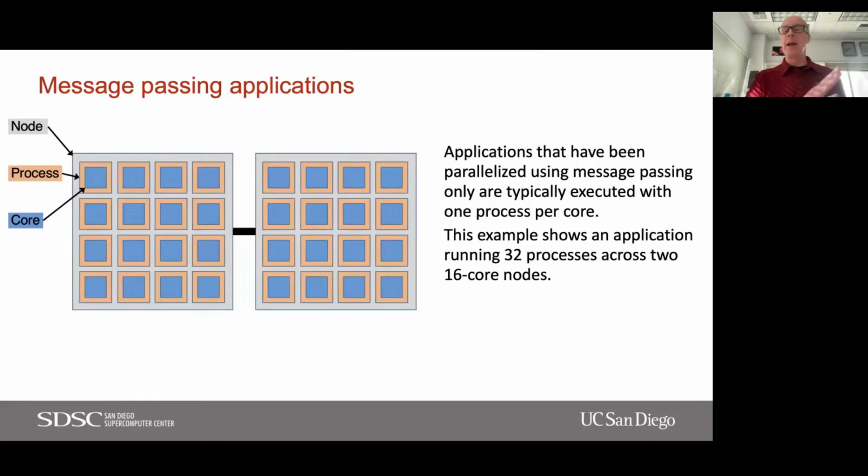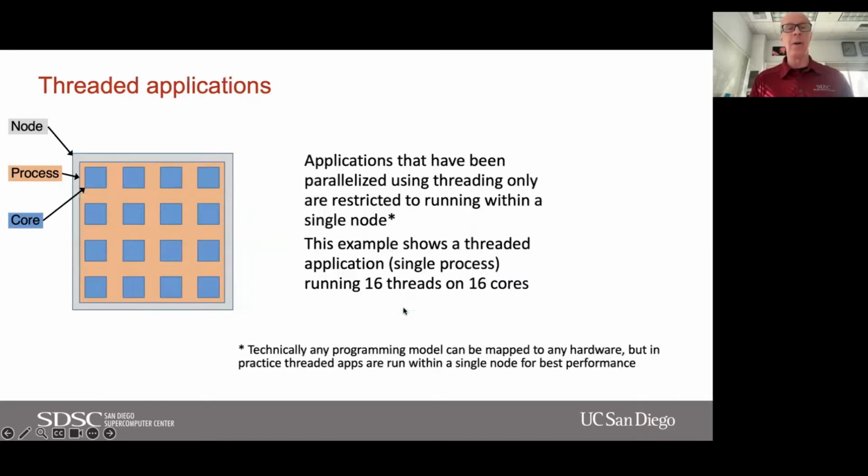Again, we answered a question earlier. There's no hard and fast rule that says you can only run one process per core. But if you run multiple processes per core, they're going to be competing with each other, and your code's not going to run any faster. So here we see an example of an application running 32 processes across two 16-core nodes, and we have one process associated with each core.